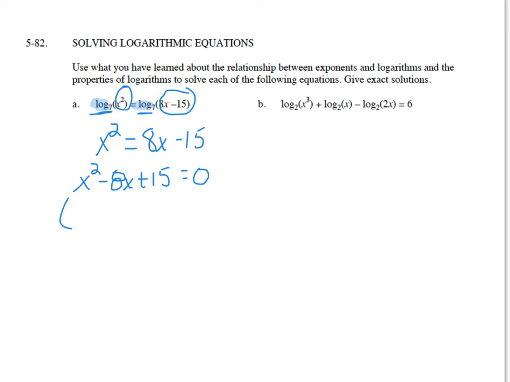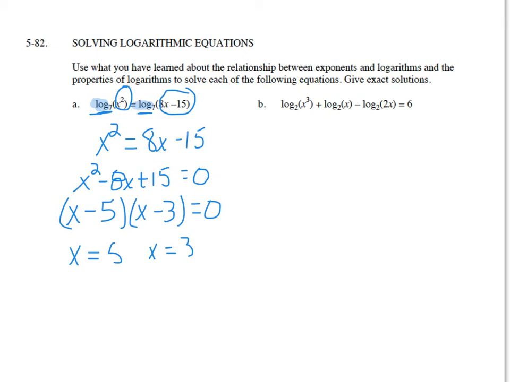I'm going to factor this, and I think you'll end up with x minus 5 and x minus 3 equaling 0. So that means x has to equal 5, x has to equal 3.